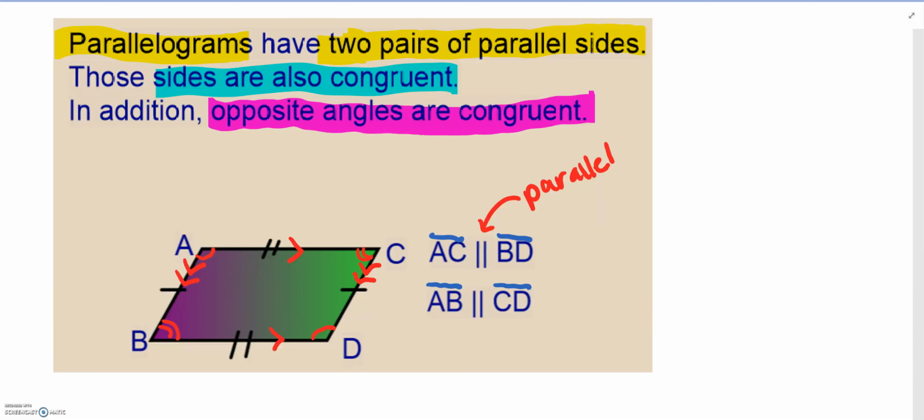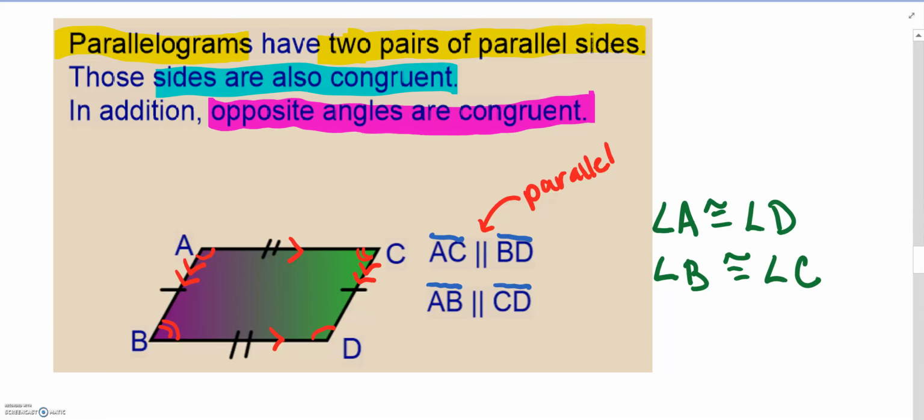I can write this the following way. Angle A is congruent to angle D. Angle B is congruent to angle C. That's how you write that two angles have the same measure. That's an angle symbol and a capital letter for the angle, and then a congruency symbol, which is an equals with a little squiggly over it, and then an angle symbol, and then a capital letter for the other angle.